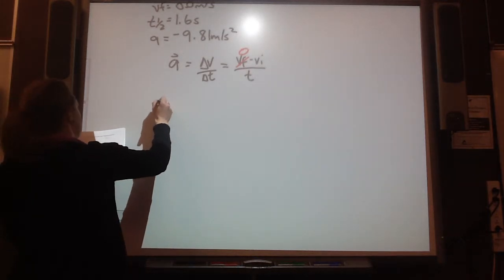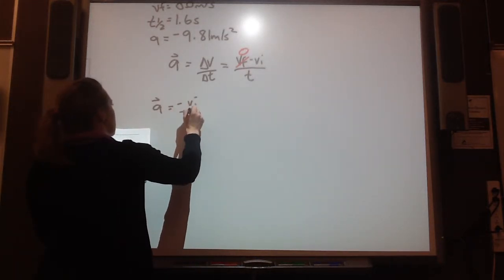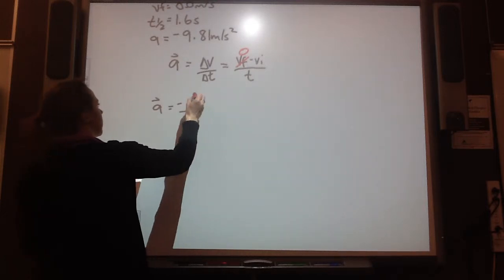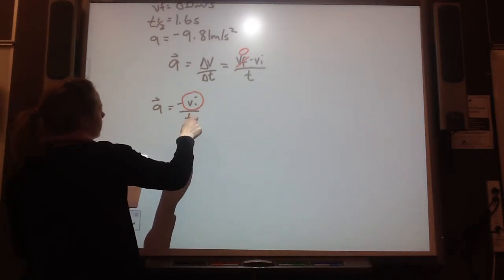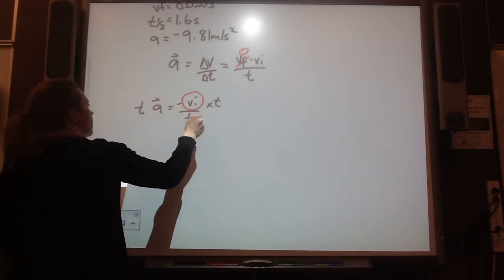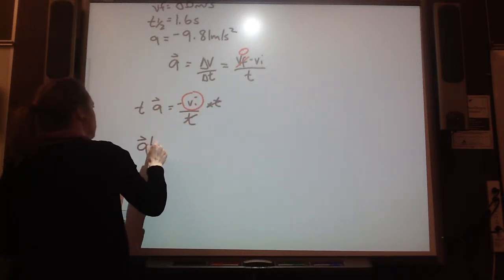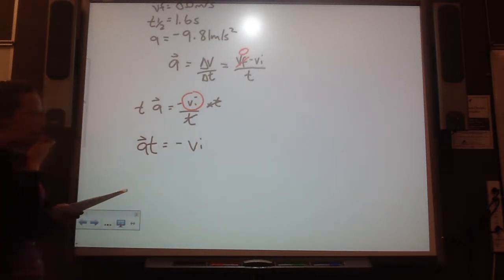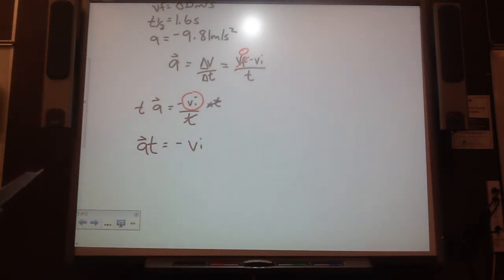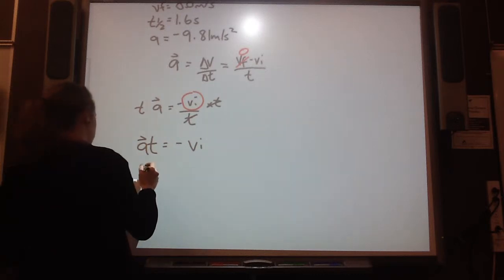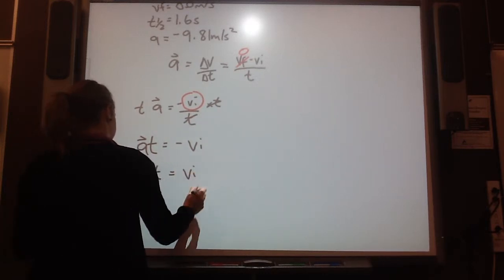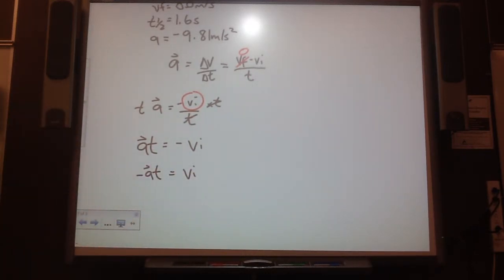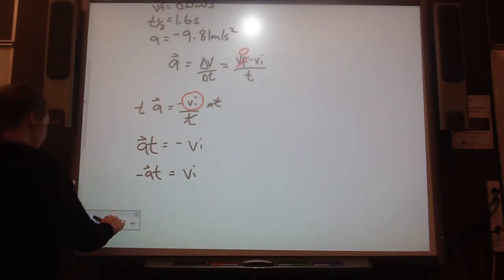So I'm going to simplify this and say A is equal to negative VI over T. I'm trying to find VI. Right now VI is divided by T, so I multiply by T on both sides. So I get A times T is equal to negative VI. You can keep the negative there or we can put it on the other side. I prefer to transfer it over, but either way is fine.